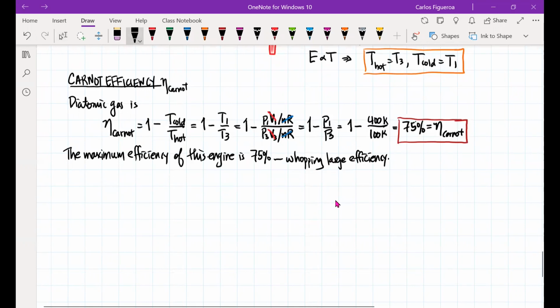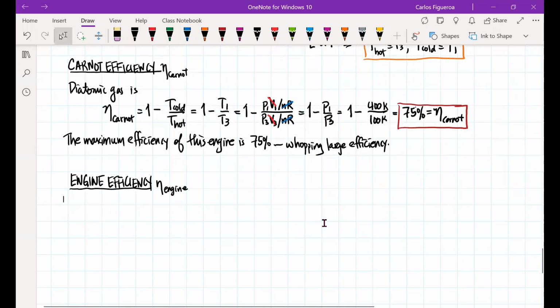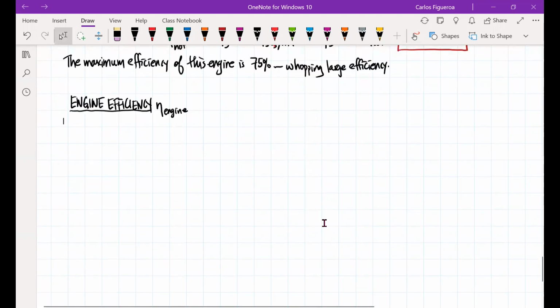So now we're going to look at the engine efficiency, and this is eta of the engine. For a real engine, and what do I mean by a real engine?